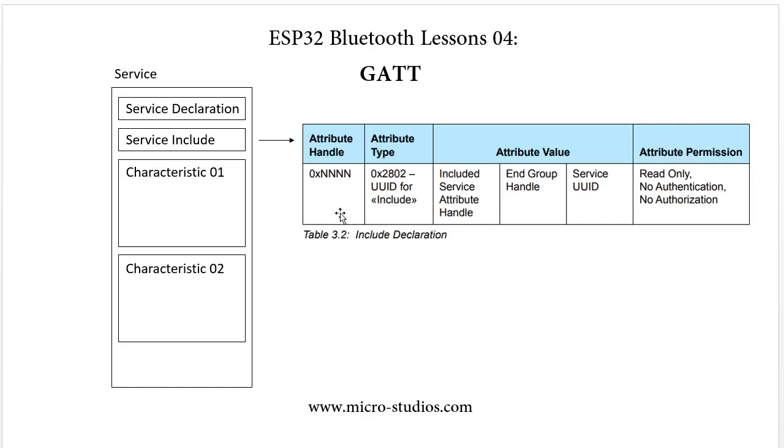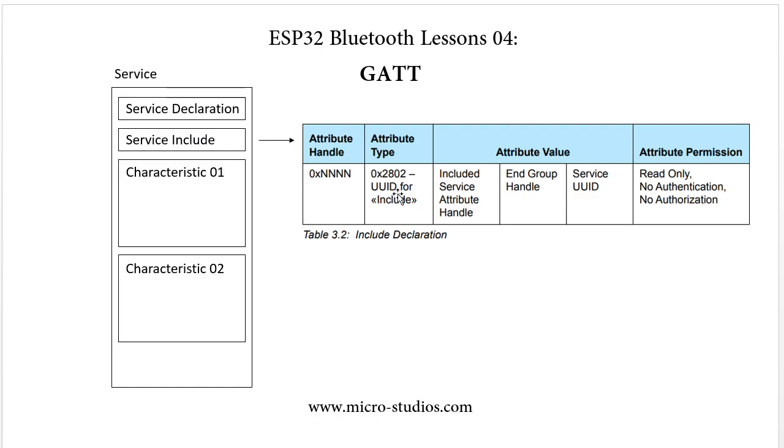If it finds the attribute type UUID is 2A02, it can know this group of data is the service include. It means the current service includes what kind of other service.